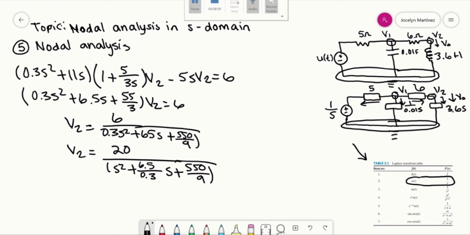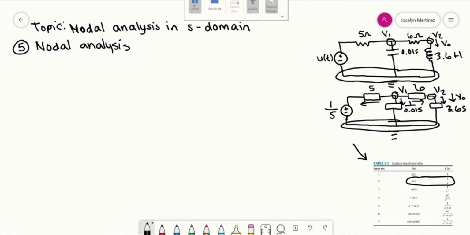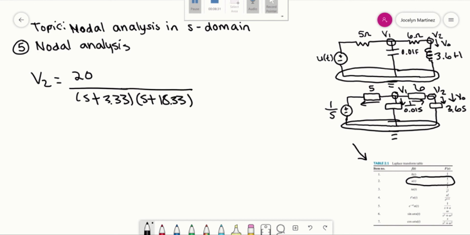To solve for this denominator, we're going to use the quadratic formula, negative b plus or minus the square root of b squared minus 4ac all over 2a. So we will get that V2 equals 20 over s plus 3.33 times s plus 18.33. We have to use partial fractions, so we're going to get it equal to a over s plus 3.33 plus b over s plus 18.33.